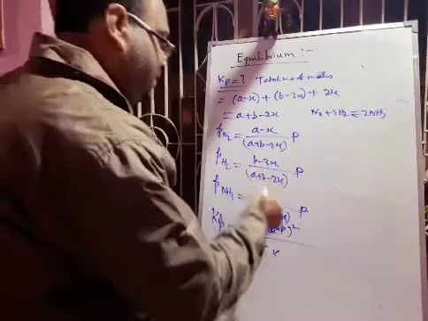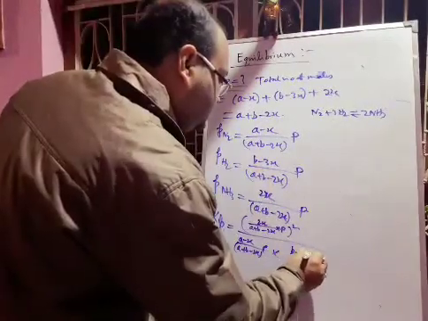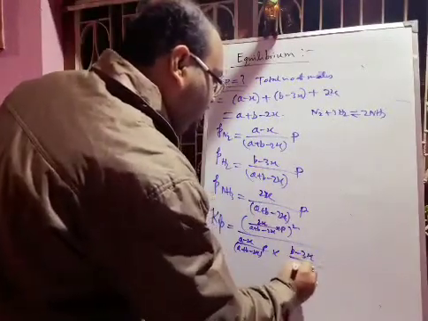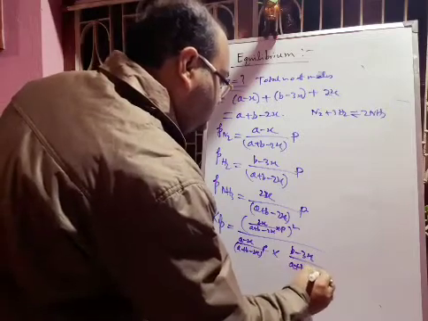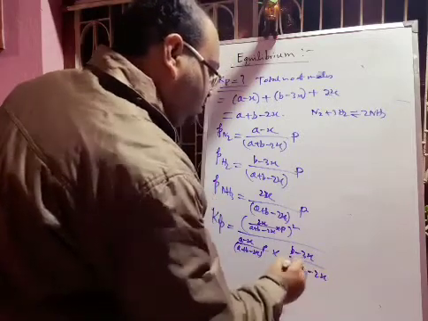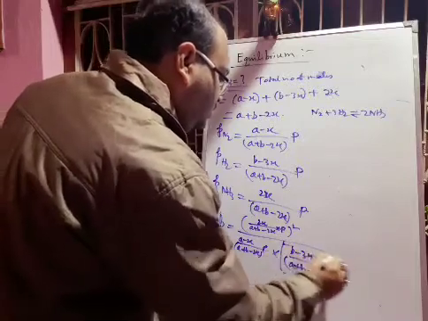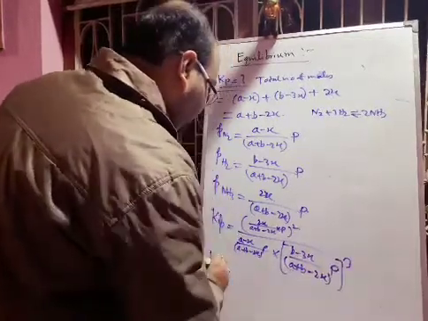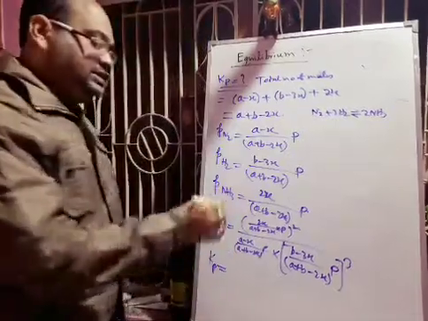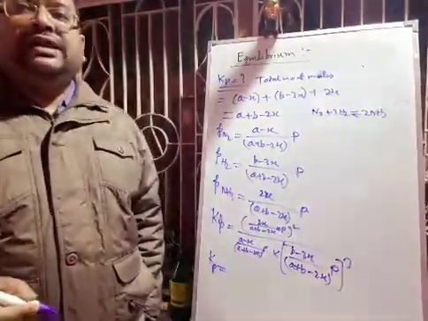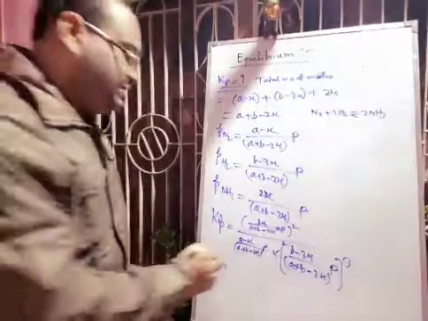The partial pressure of hydrogen is B minus 3x divided by A plus B minus 2x into P, this one whole cube.